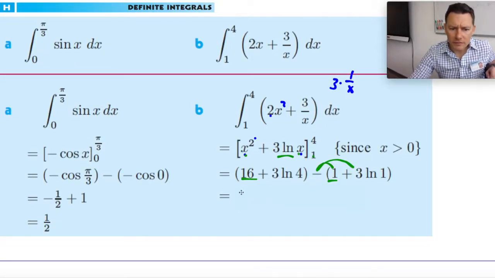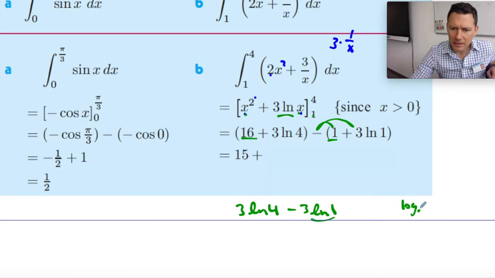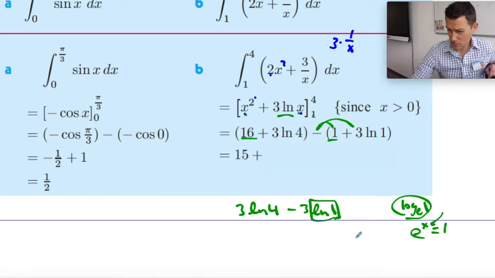My guess is this is 15. And then this natural log part is going to be, I bet, like this: 3 natural log of 4 minus 3 natural log of 1. Natural log of 1 is log base e of 1, which really means e to what power gives you 1? 0.